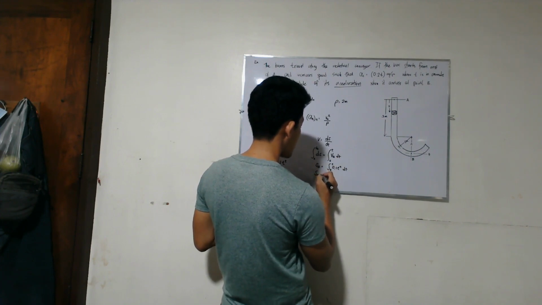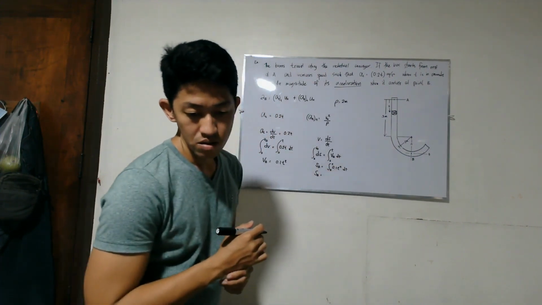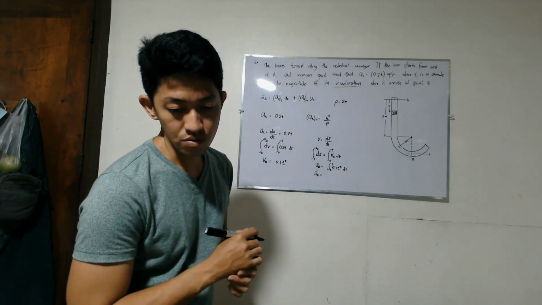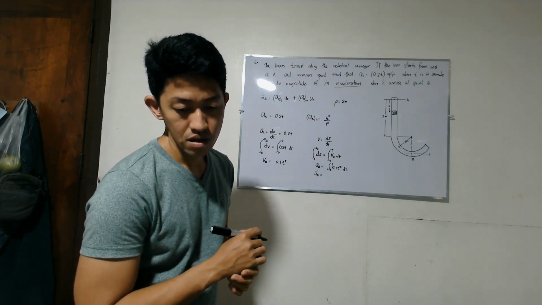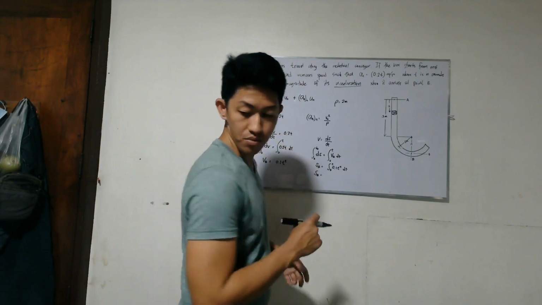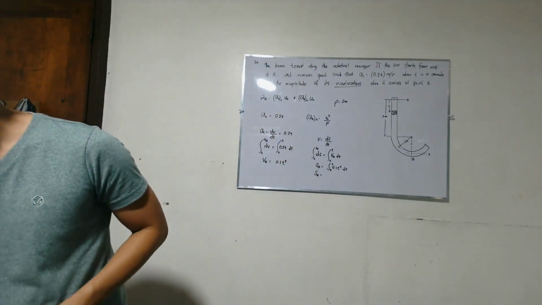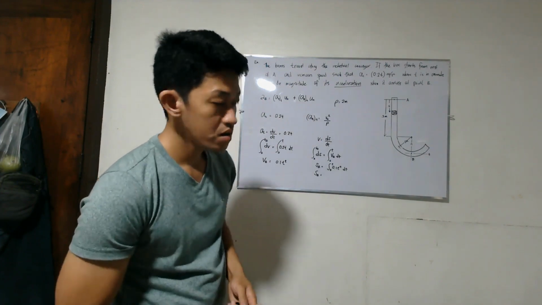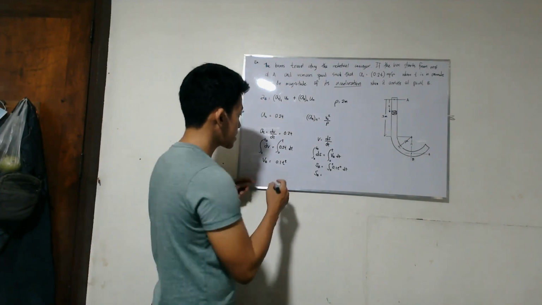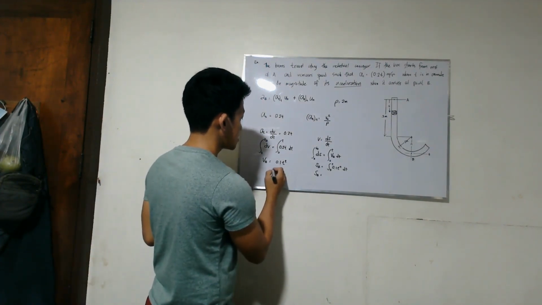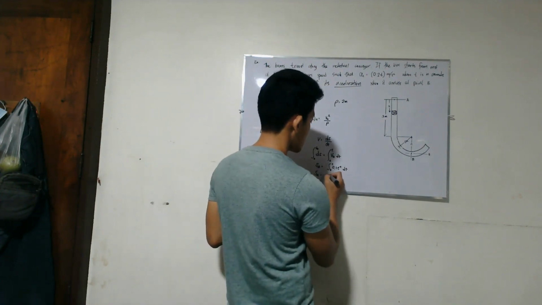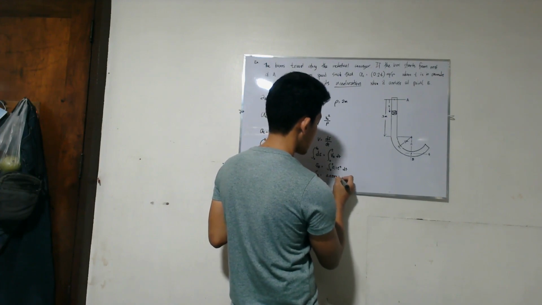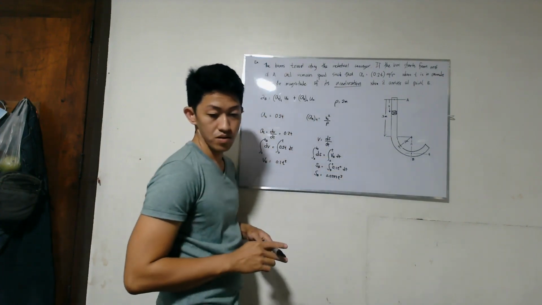Therefore s sub B is 0.1 over 3 t cubed, or 0.0333 t cubed. Okay?